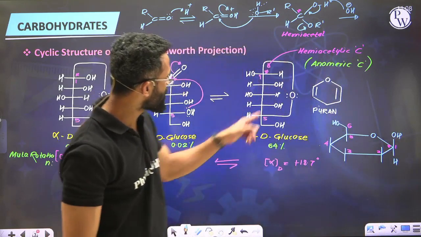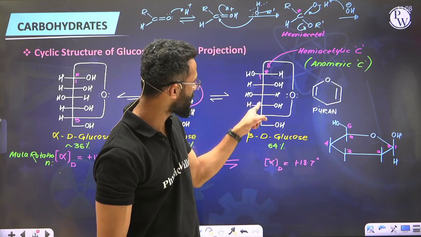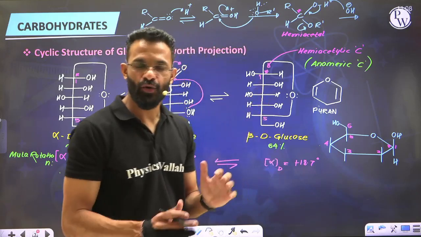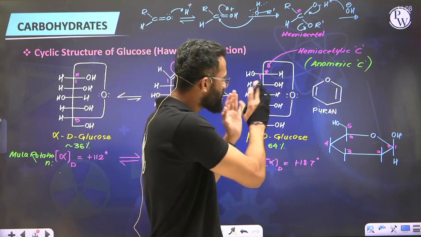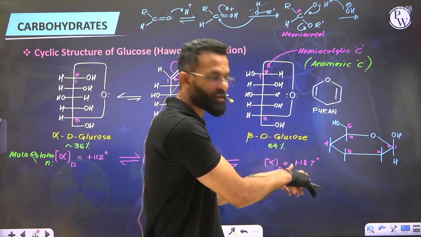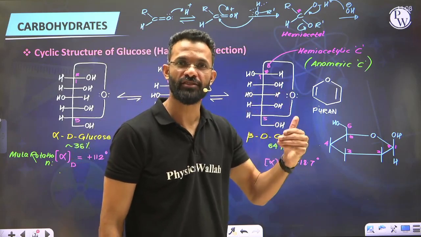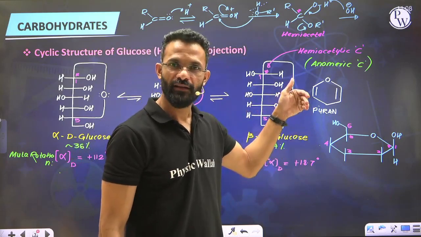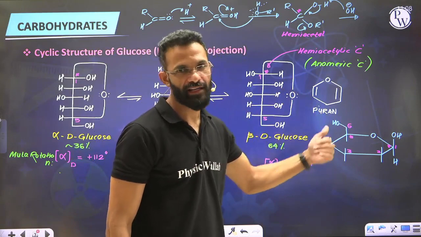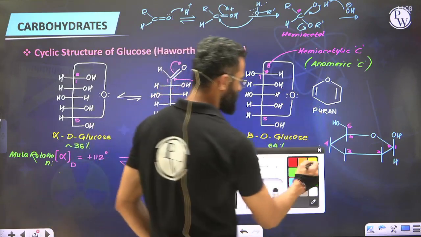Now for the remaining OH groups present at second, third and fourth, always remember, the group which is present to the right in the Fischer projection, we put it downward in the Haworth projection. The group present to the right in the Fischer projection, we put below the plane, or downward, in the Haworth projection. I'll note it down.